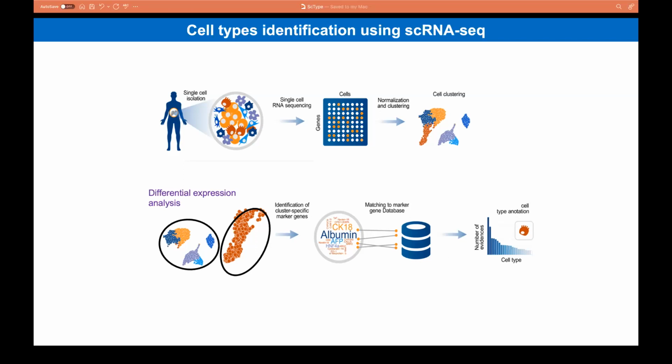For example, once you have single cell sequencing data, of course you do normalizing and then clustering. You can use multiple clustering ways to cluster your cell types. Once the clustering is done, then the usual process, or at least when we started, the standard was that you identify differentially expressed genes across clusters.